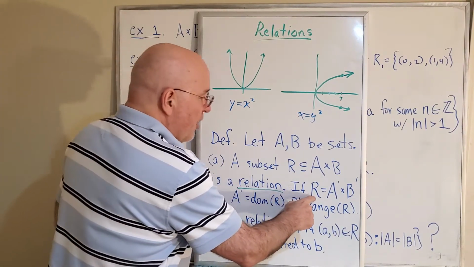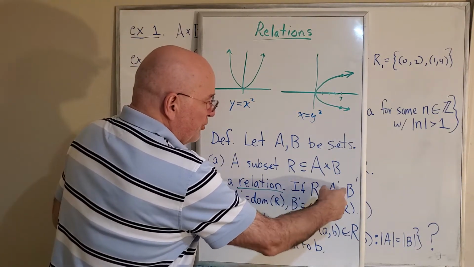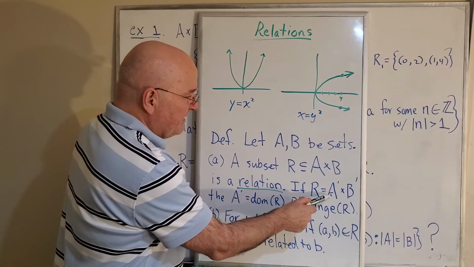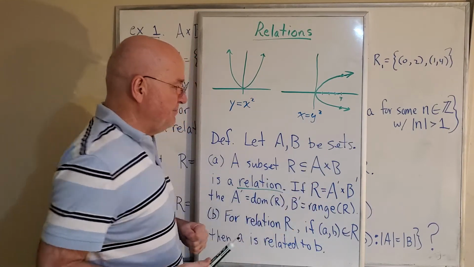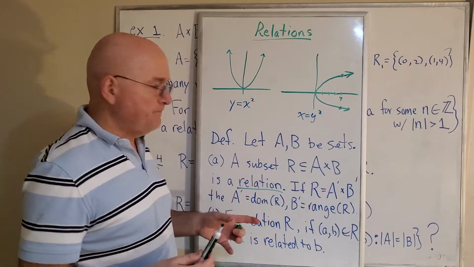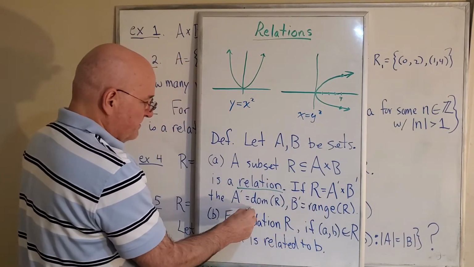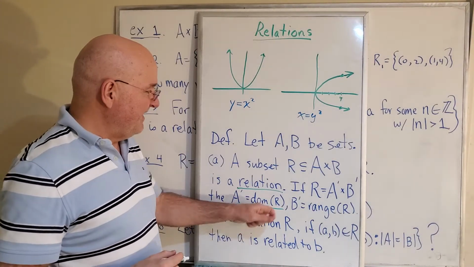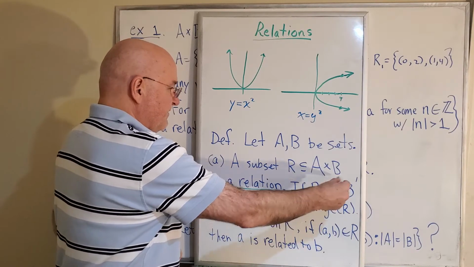If R, a relation, is equal to A prime cross B prime, and I didn't exactly say what that meant, but A prime would be a subset of A, B prime would be a subset of B. If that's the relation, then A prime is the domain of R, and B prime is the range of R. The left one is the domain, the right one is the range.